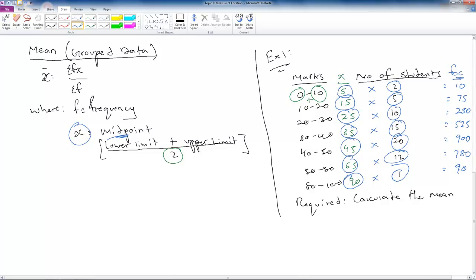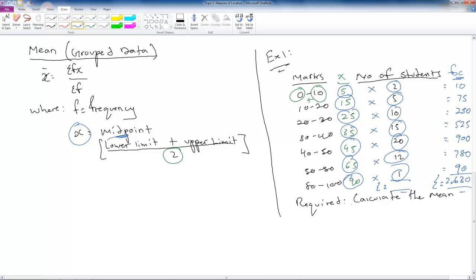Once you're done with the fx, where you have already multiplied everything, you have to total up, add everything. 10 plus 75 plus 250 plus 525 plus 900 plus 780 plus 90. So you will get 2630. Then you add up the number of students: 2 plus 5 plus 10 plus 15 plus 20 plus 12 plus 1.